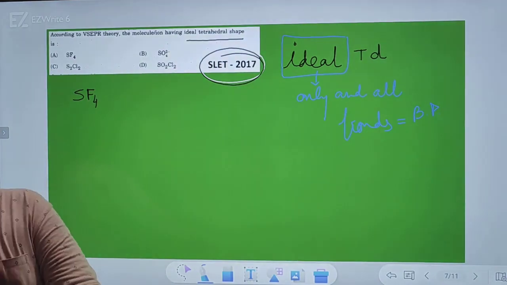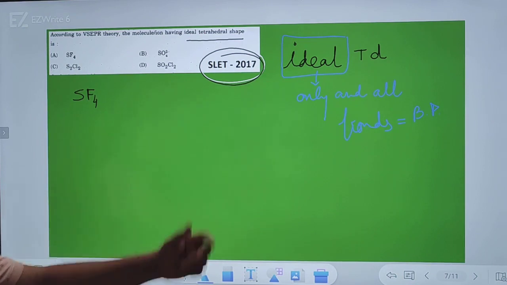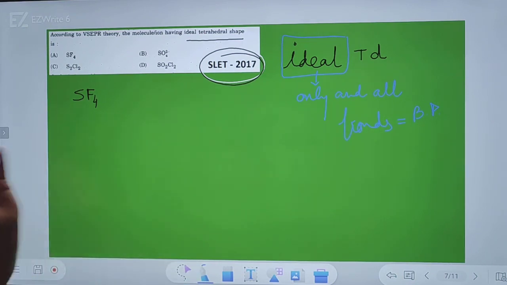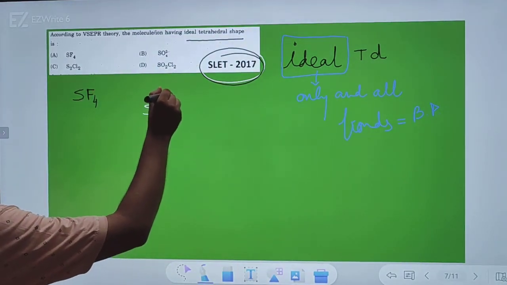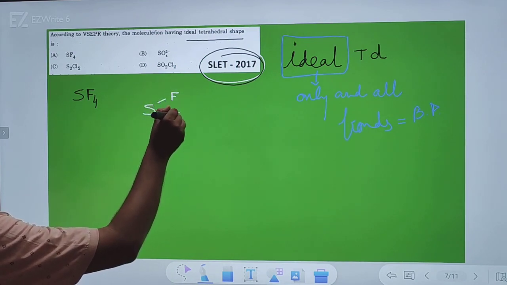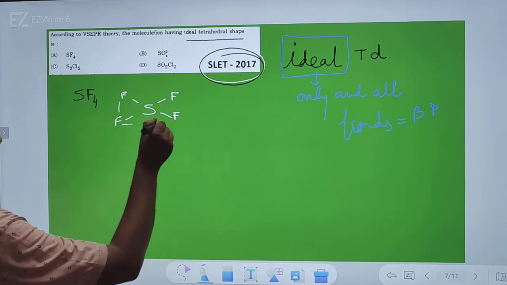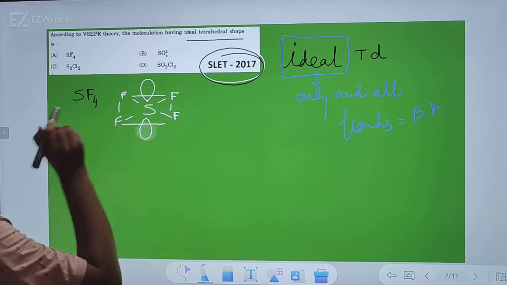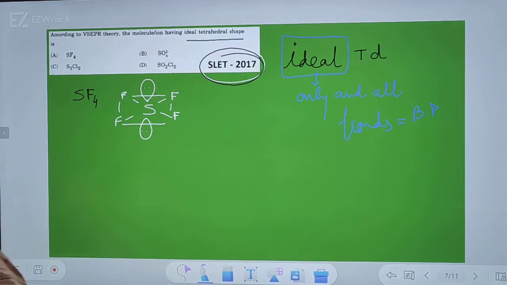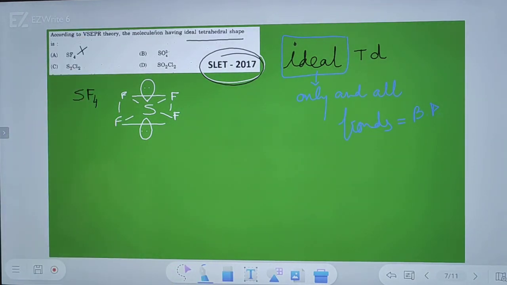When you do not have a single non-bonding pair of electrons, then and then only you can consider it as an ideal structure. In SF4, if you closely look at it, it is something like this. 4 fluorine, it is no more tetrahedral, it's a square planar shape and an octahedral geometry. So it is directly out of the race of being tetrahedral.